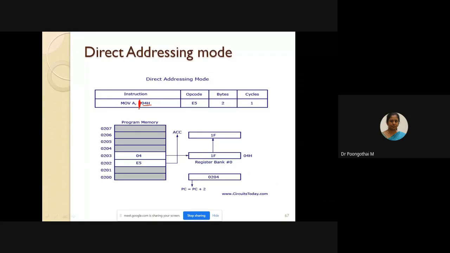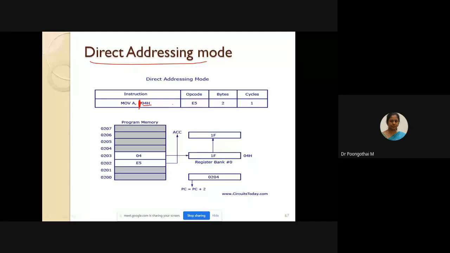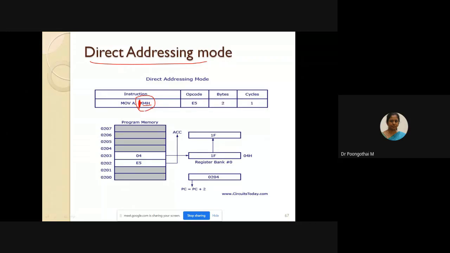So this is another way of addressing your operand using direct addressing mode. The address of the data is given as the operand. The hash symbol is not present, so it is considered as an address. The given instruction is MOV A comma 04.